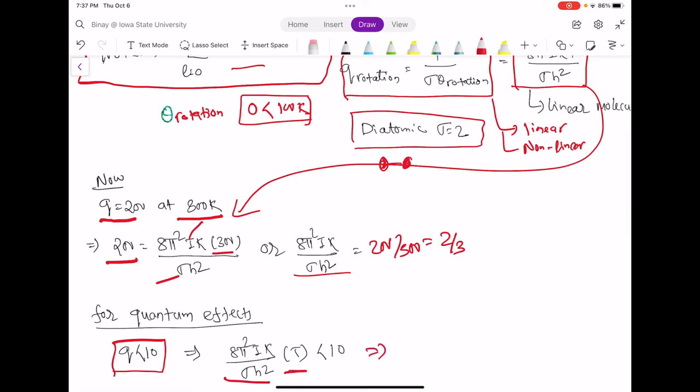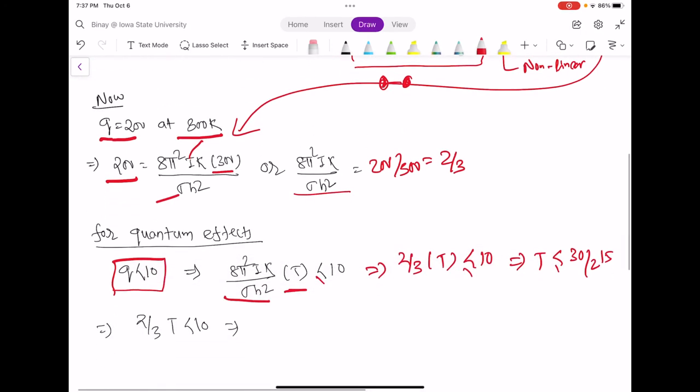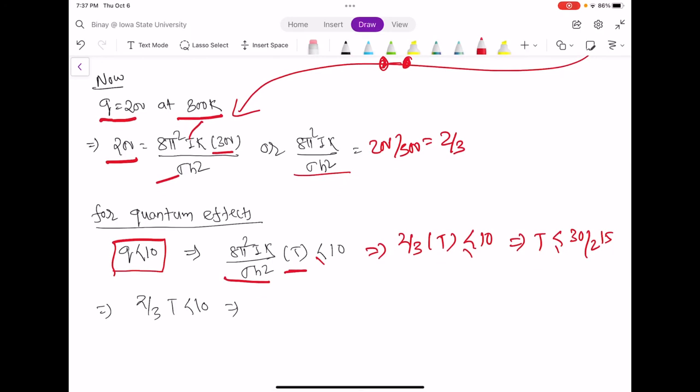We can just put it into the equation: 2 by 3 into T should be less than or equal to 10, which implies T is less than or equal to 30 over 2, or 15. And our T was in Kelvin, so the final temperature should be 15 Kelvin.